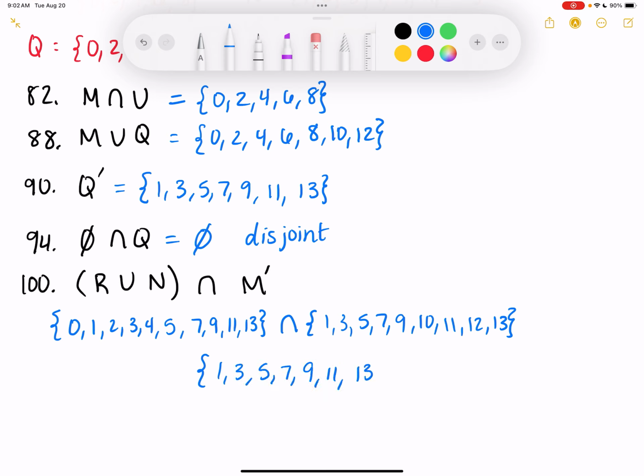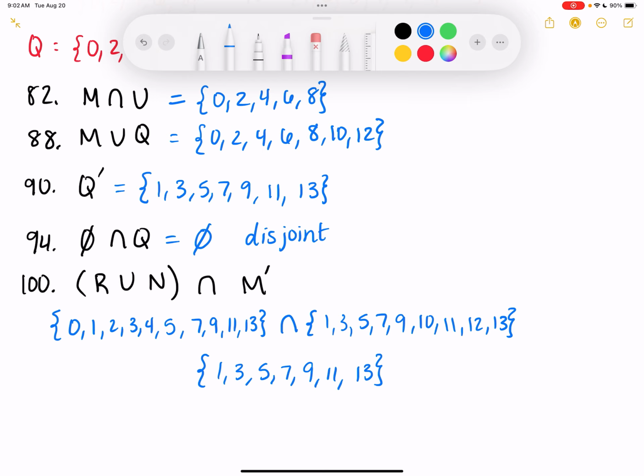All the odd numbers happen to be repeated in both, and that would be your final solution to this one. The ones like this are obviously going to be the hardest because there's multiple steps that you have to do to piece it together. So make sure you pay attention to all of that. Any questions about this?